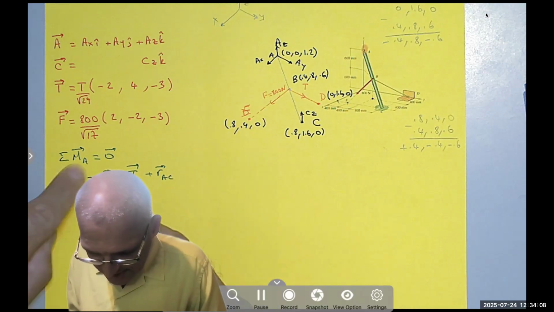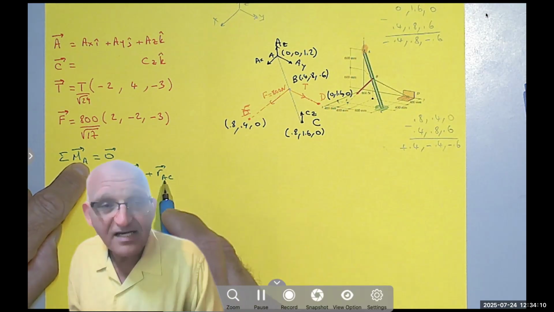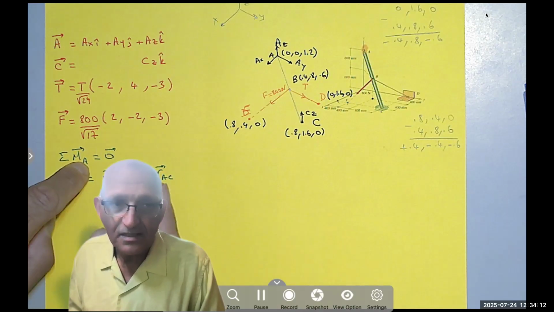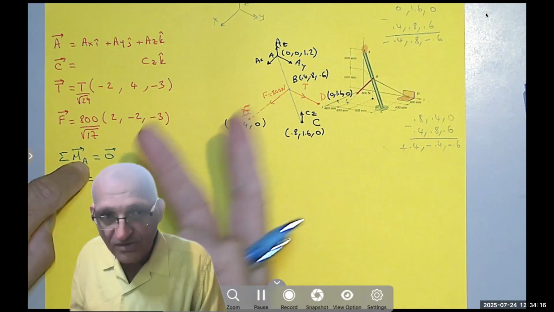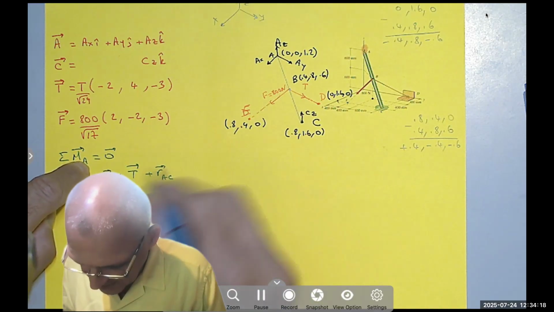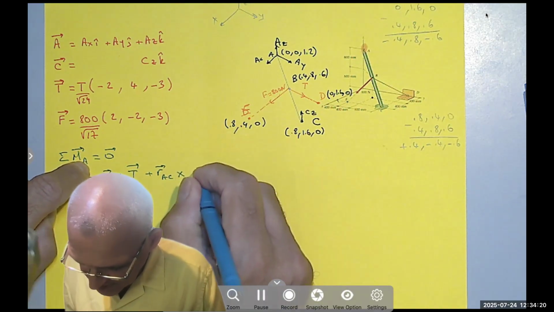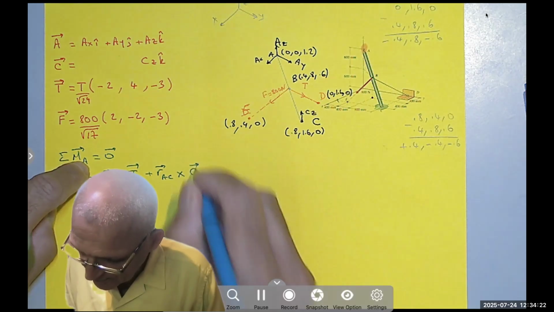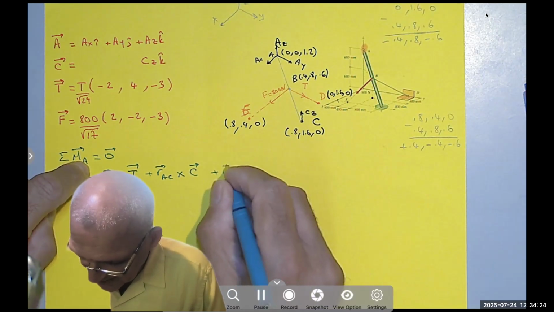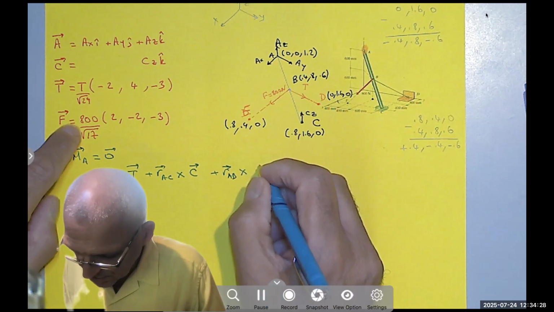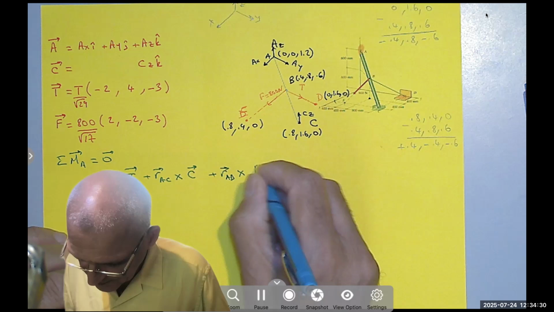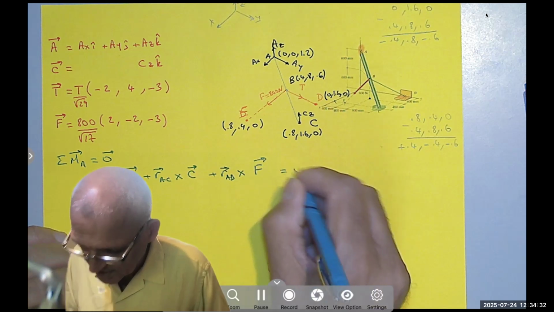Notice, since this is A, the beginning letter is always A. I see many students reversing that. So be careful. Cross C plus RAB again, cross F. And that equals 0.